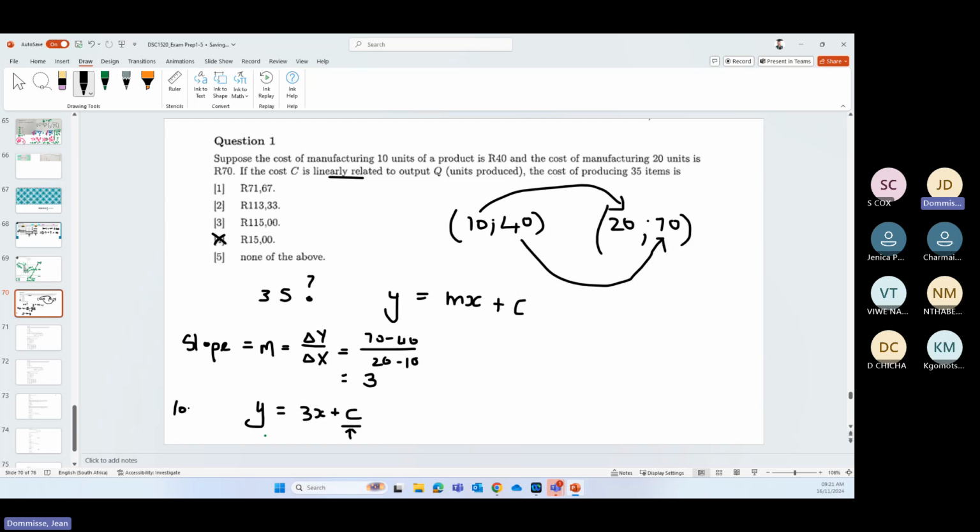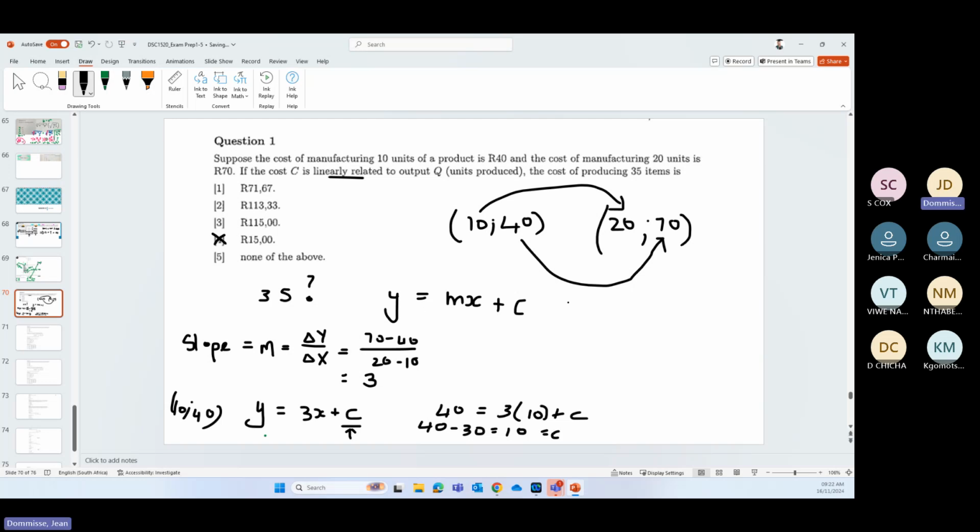So I will put in 10 and 40. So y is 40, x is 10. That is how we work out c. So 40, 3 times 10 goes over, so 40 minus 30 is equal to 10, which is equal to c.